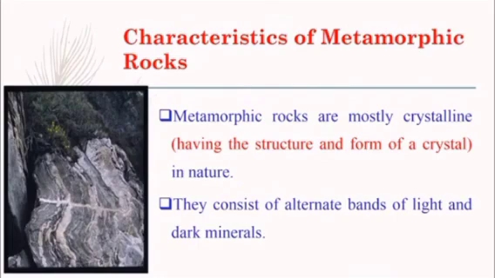The first characteristic is that metamorphic rocks are mostly crystalline in nature. Crystalline means having the structure and form of a crystal. The second point is that they consist of alternate bands of light and dark minerals. As we see in this picture, there are alternate bands of light and dark minerals.